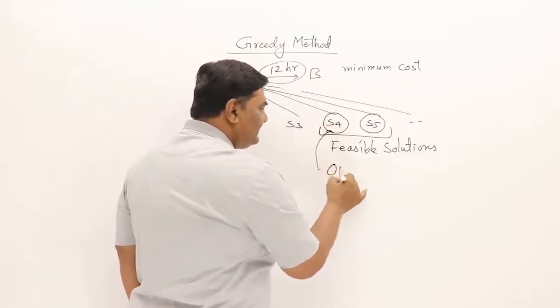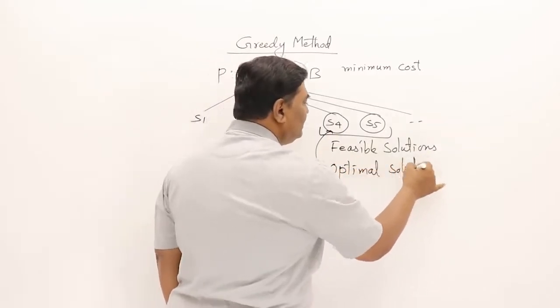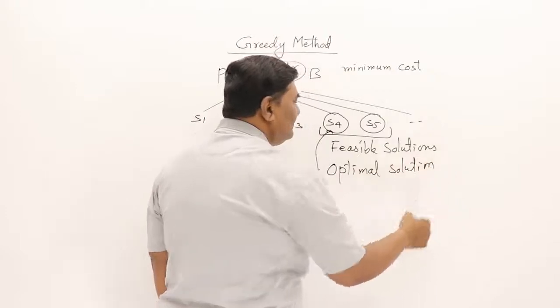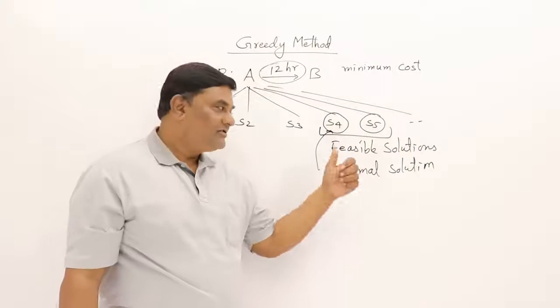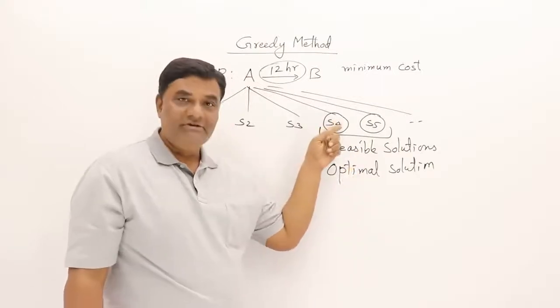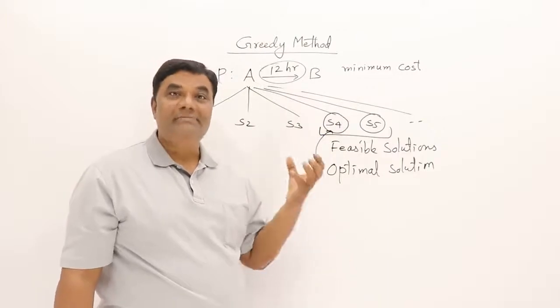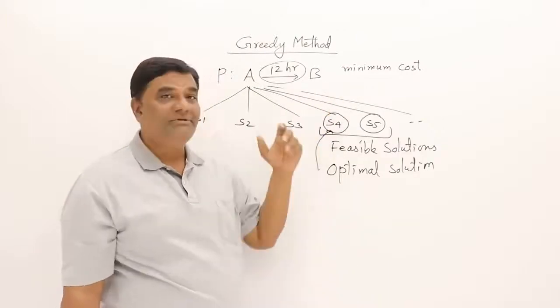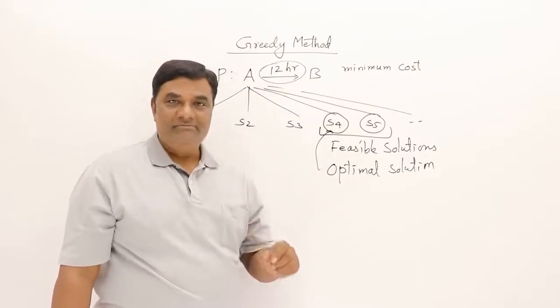Then this is called an optimal solution. A solution which is already feasible and also giving me minimum cost, that is the best result, minimum is best for me, then that solution is called an optimal solution.